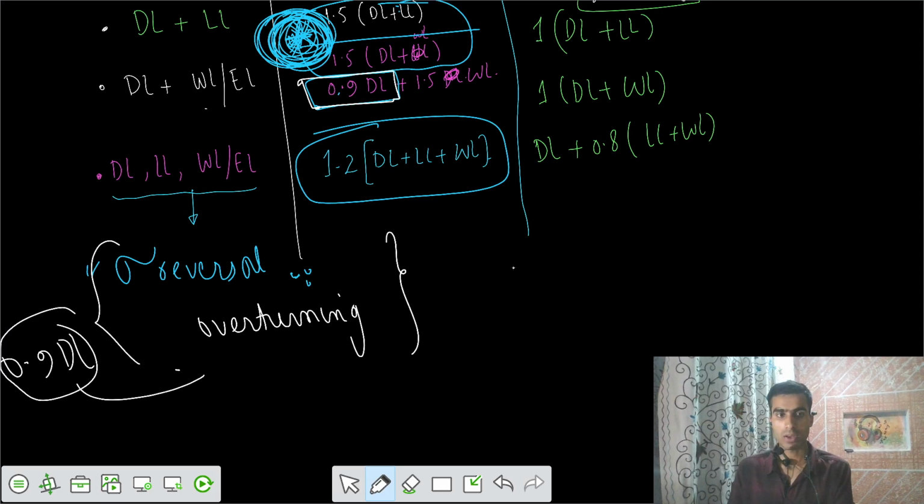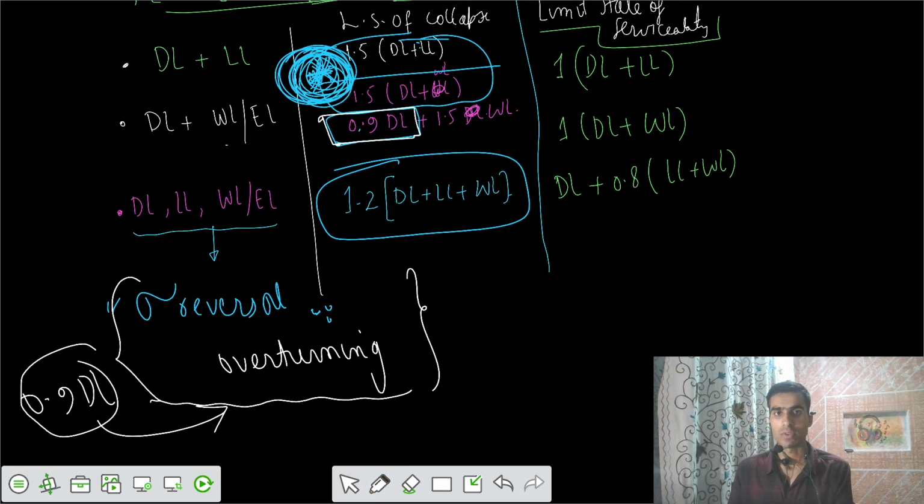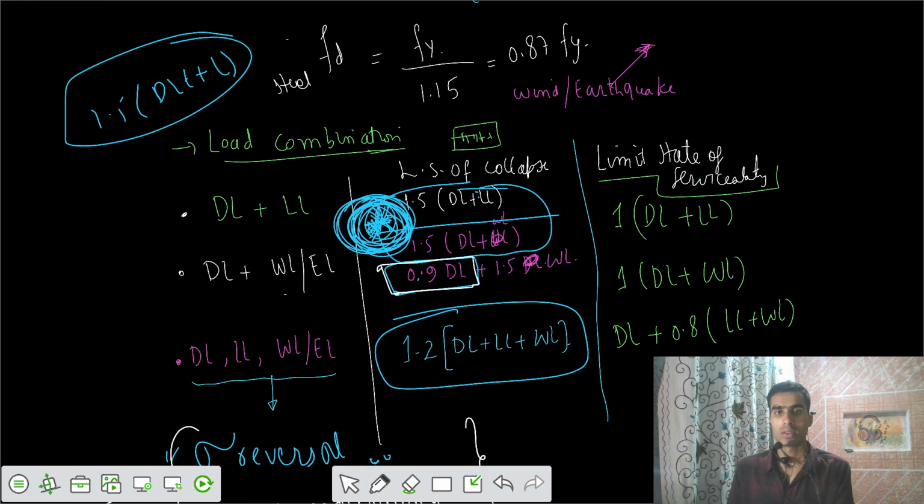For that structure, we are going to use 0.9 dead load plus 1.5 times wind load. Finally, the most important one for your RCC is 1.5 dead load plus live load. Okay, let's go for that one.